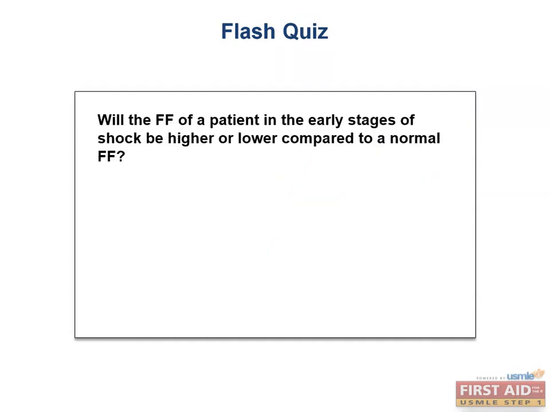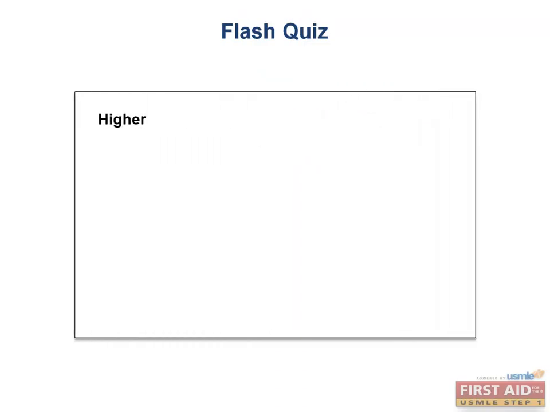One more question. Will the filtration fraction of a patient in the early stages of shock be higher or lower compared to a normal filtration fraction? The answer is higher. Now this is a tough one. When people are in shock, they aren't getting enough blood to their vital organs. In the kidneys, this means that RPF will be decreased.